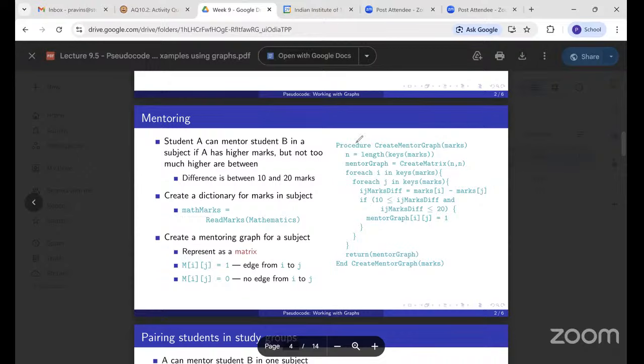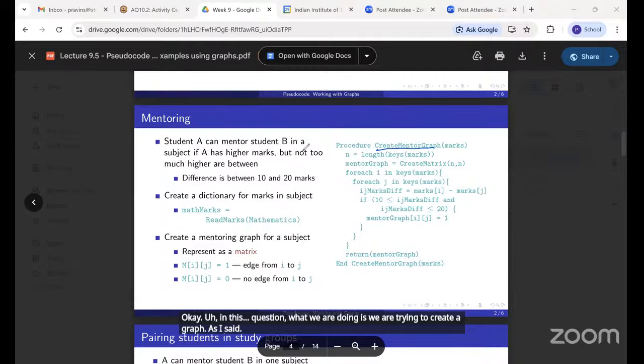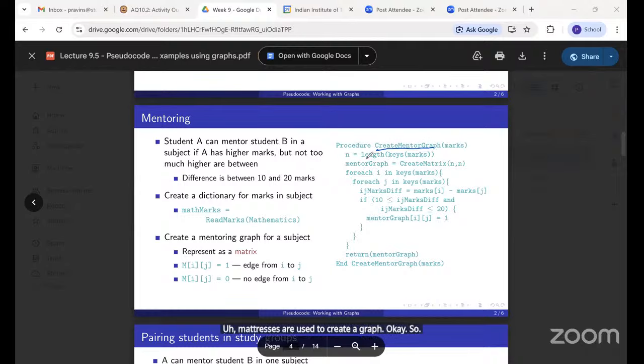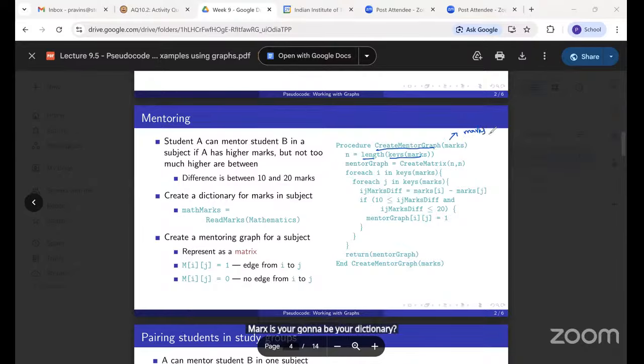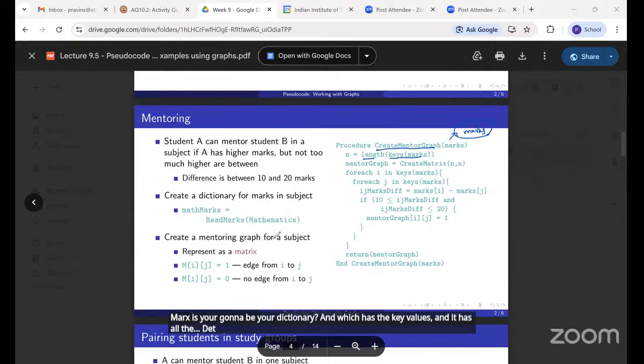In this question, we are trying to create a graph. As I said, matrices are used to create a graph. So what we are doing, n equal to length of keys of marks. Marks is going to be your dictionary, which has the key values and all the details of subjects and the marks values.